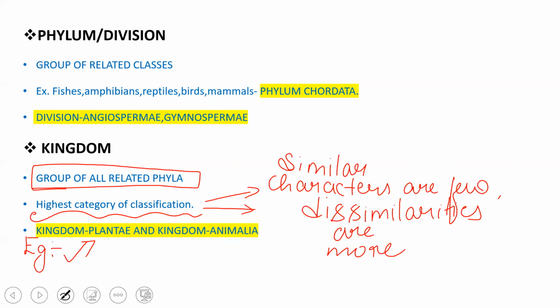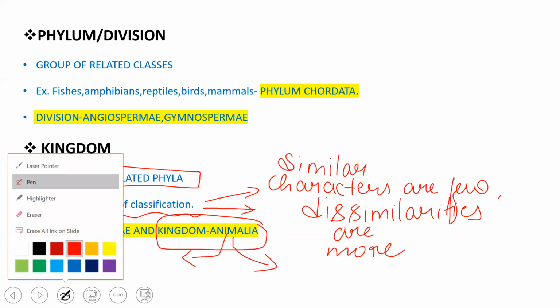The number of dissimilarities is more at the kingdom level when compared to the other levels. Likewise, kingdom Animalia includes the phylum chordata and the phylum non-chordata. There are many diversified organisms which come under kingdom Animalia.